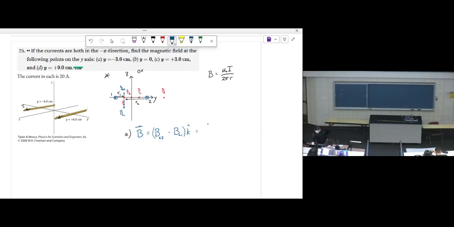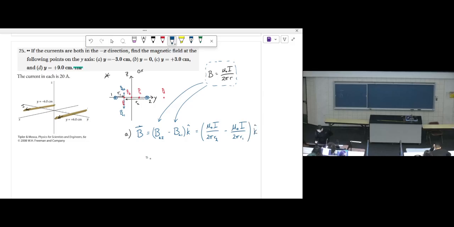So now we know the magnitude here, we're going to substitute this into each one of these two values. So I get mu naught I over 2 pi R1, R2, minus mu naught I over 2 pi R1 K hat.